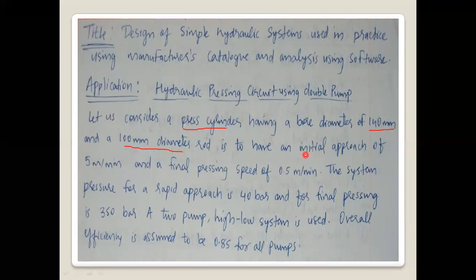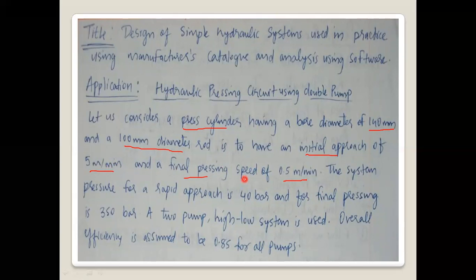It has an initial approach speed of 5 meter per minute and a final pressing speed of 0.5 meter per minute. When the workpiece travels very fast and reaches the component, the speed has to be fast. That's why the feed rate here is 5 meter per minute.